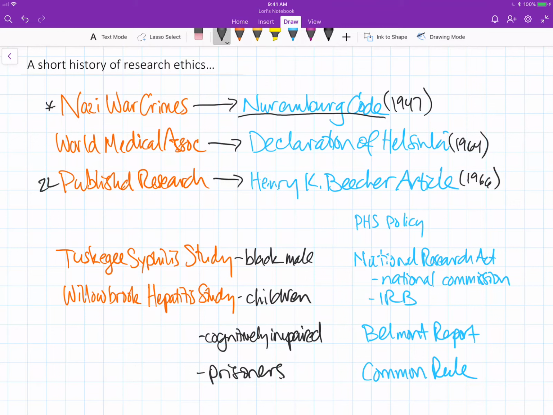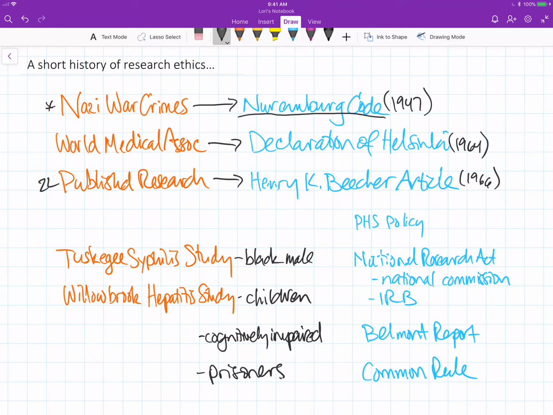And so what he was pointing out is that the current research often had some similar misconduct that we've seen previously, that it wasn't just limited to the Nazi war crimes or other very prominent events.